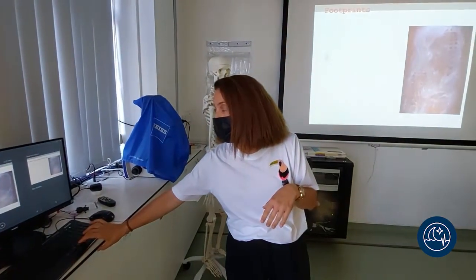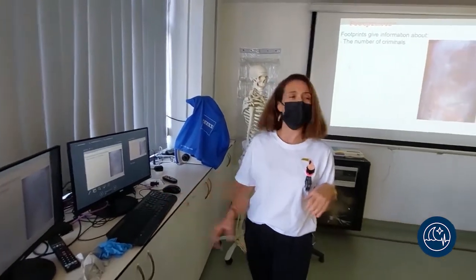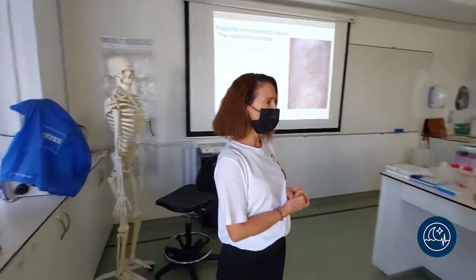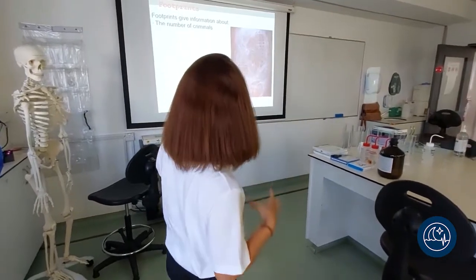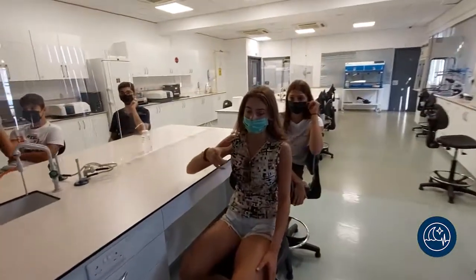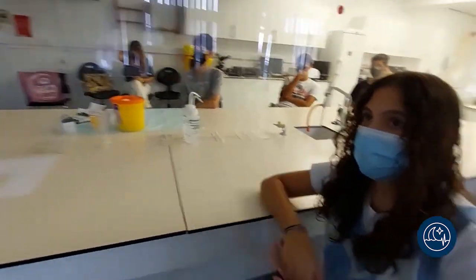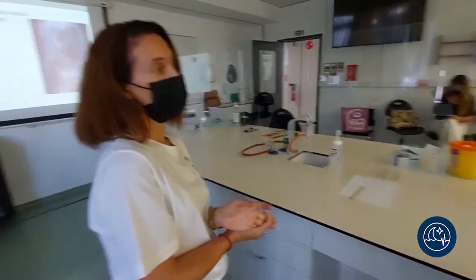And just to look at a few things before we carry out our experiments. So what would a fingerprint tell you? Imagine, sorry, not a fingerprint, a footprint. What would a footprint tell you, Alicia? Like the size of the shoe. Perfect. The size of the intruder's shoes. What type of shoe? Whether they were wearing sportswear or just what type of shoes. Like the route they took. Absolutely, the route they took.